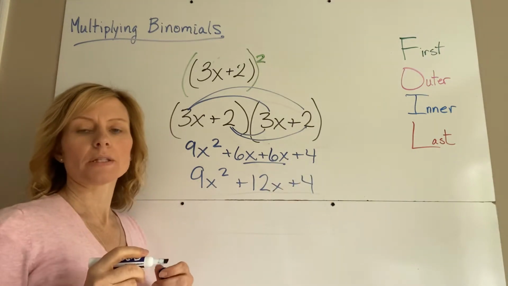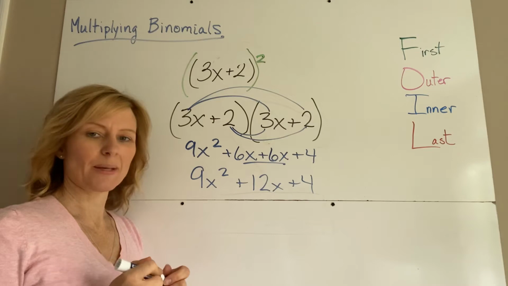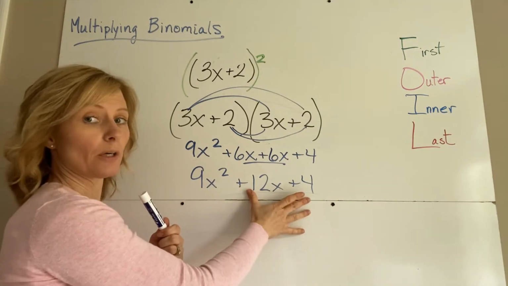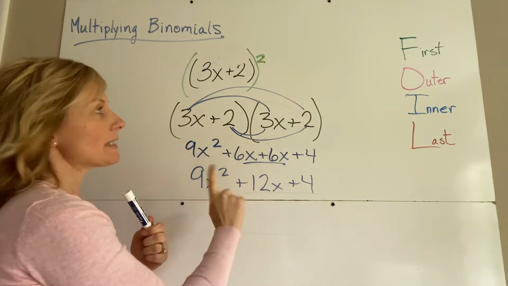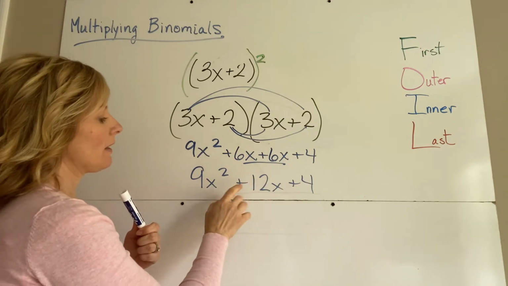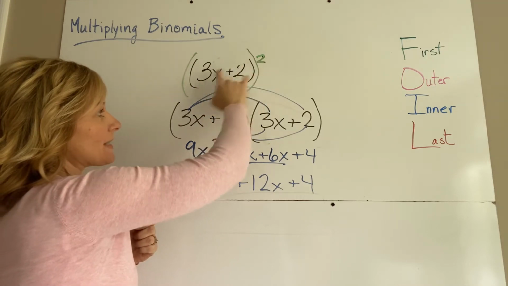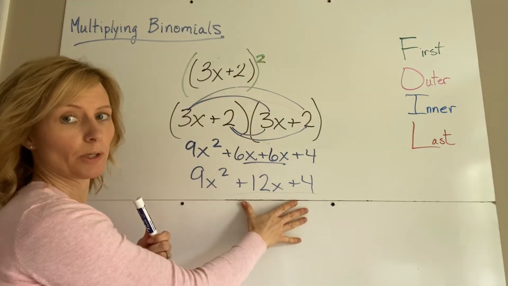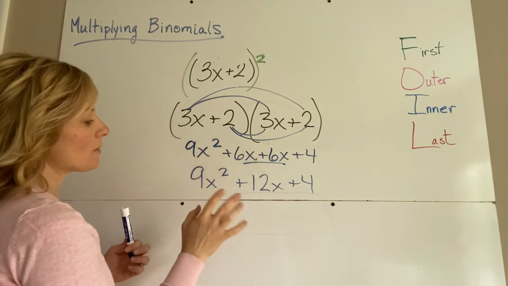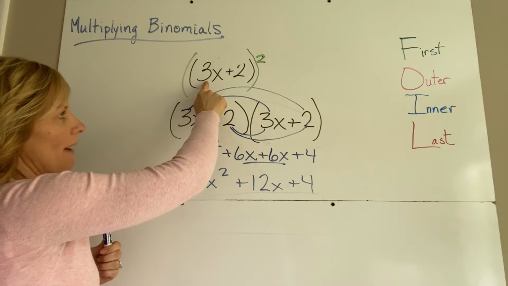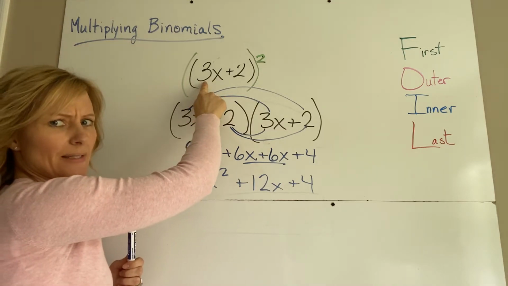As you guys work through these, you're going to start seeing something you can tie into things, right? You've got this trinomial as your answer. Anytime you multiply a binomial by itself, you're going to end up with a trinomial, okay? Now, that's not too much to worry about, except I want you guys to notice what ended up happening. We got that 9x squared that I said wasn't going to happen.